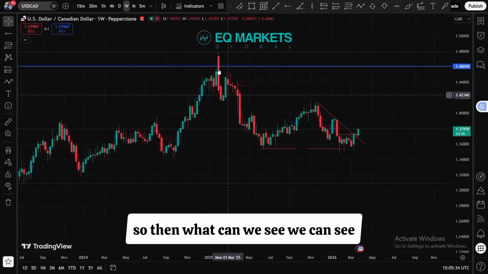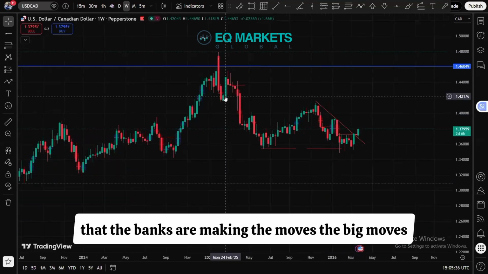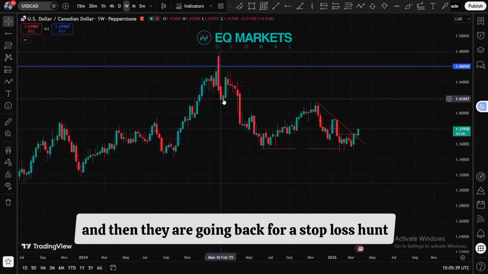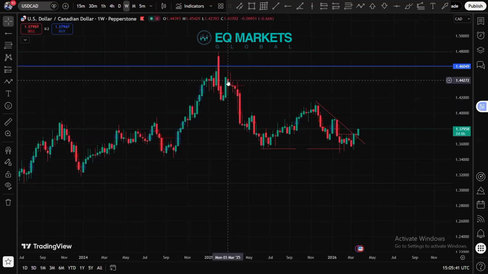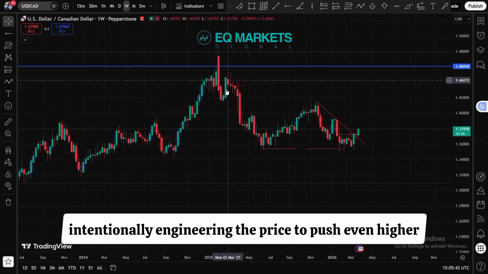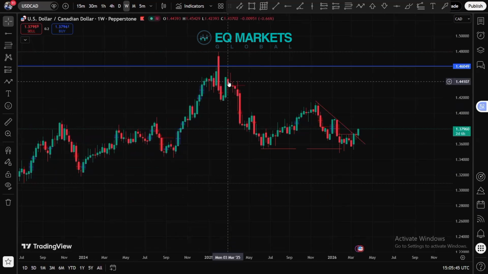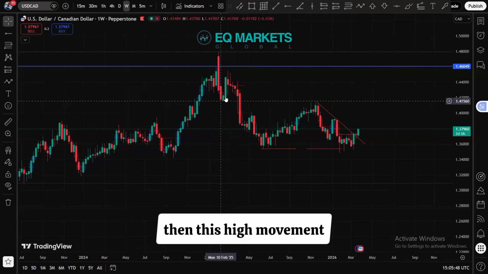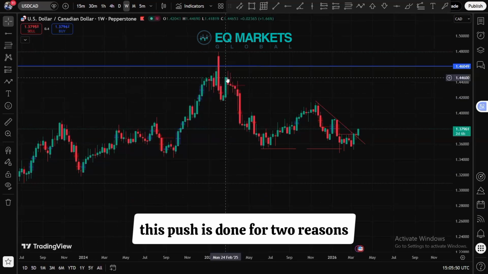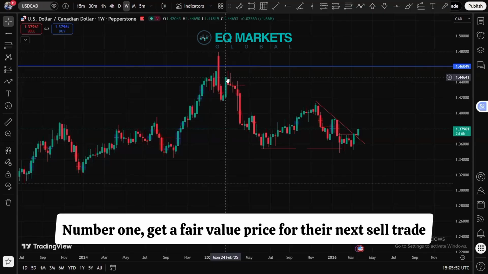So then what can we see? We can see that the banks are making the big moves, and then they are going back for a stop loss hunt, intentionally engineering the price to push even higher. Then this push is done for two reasons. Number one, get a fair value price for their next sell trade.